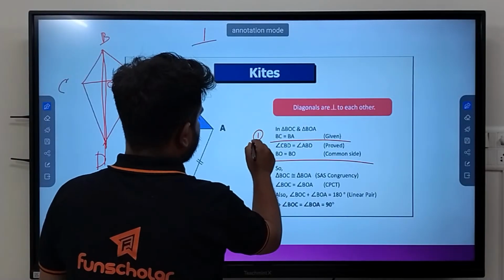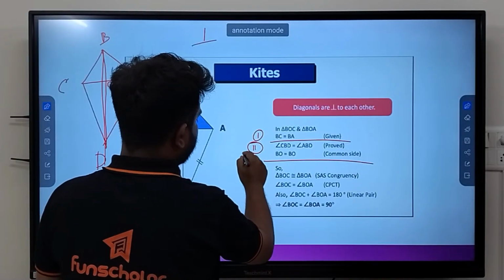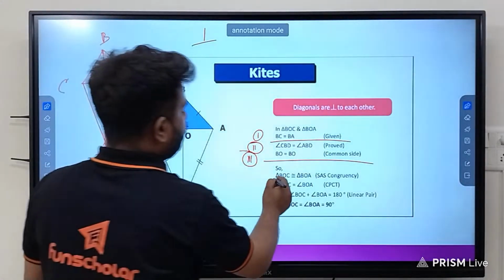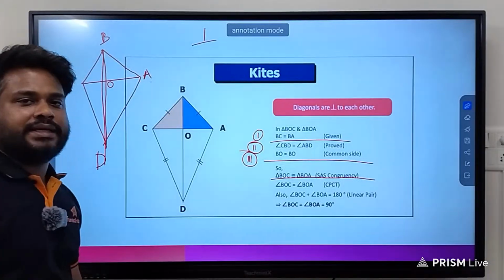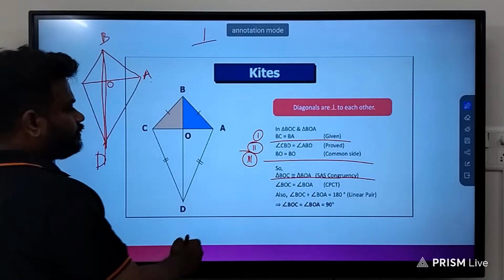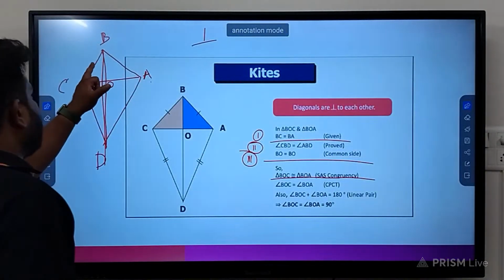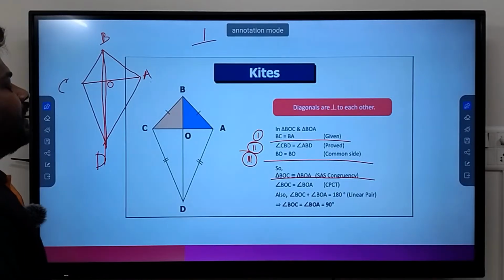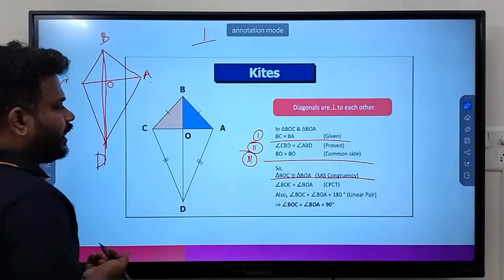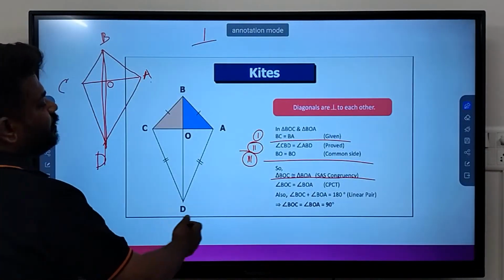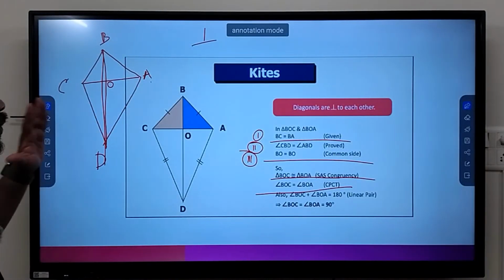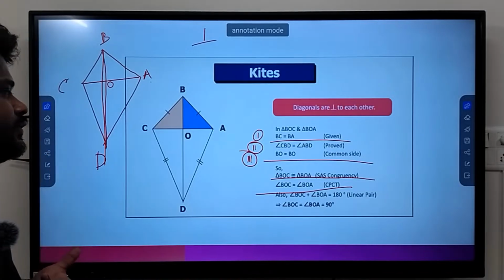So one is given, two is already proved, and number 3 is also proved. From these three, by SAS congruency, which you have already done in class 7, these two triangles are congruent to each other. So BOC and BOA are equal because they follow SAS congruency.